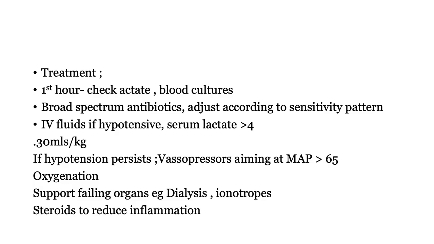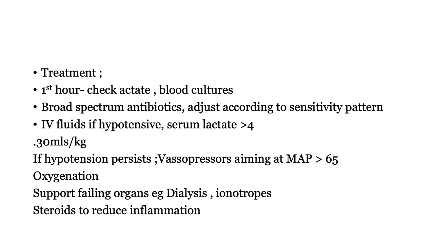Treatment: in the first hour we need to check the lactate and also do blood cultures. So we should give broad spectrum antibiotics and adjust according to the sensitivity pattern that comes out of the sensitivity tests after the blood cultures. Then intravenous fluids if hypotensive or serum lactate more than 4, and the dose should be 30 ml per kilogram.